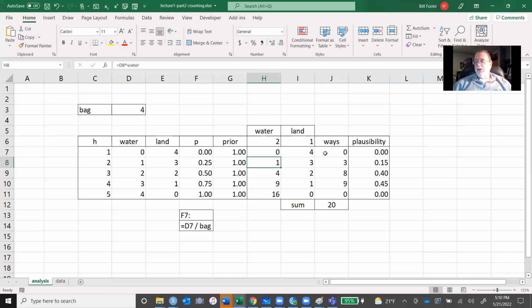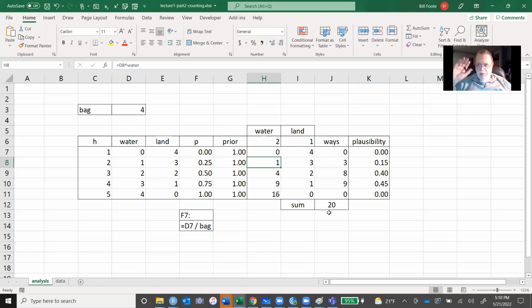You have to multiply these together because of the counting rule we said, and it's a for each rule. Okay, go back and look at what that meant, but it's very much like the binomial tree rule that we'll be using. And we have 0 ways. And the next one is 1 raised to the second power times 3 raised to the 1 power. That gives us 3. And we get the number of ways and we add them up.